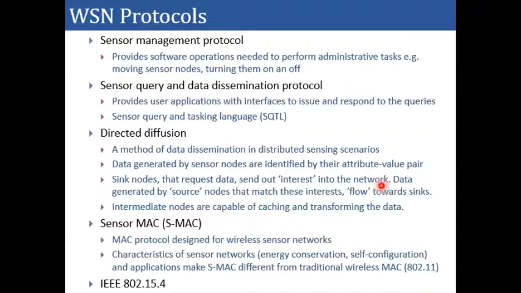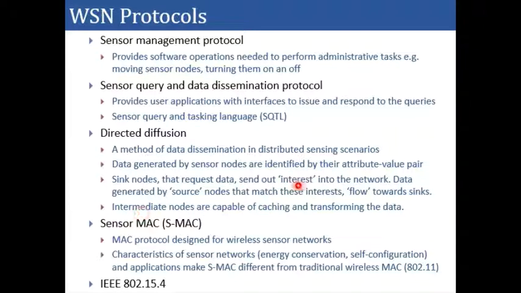Now this interest will be floated in the network. Now the data generated by the source nodes that match the interest. So the interest which has been initiated by the sink nodes, if that interest matches with the interest of the source, then the data flow happens towards the sink.